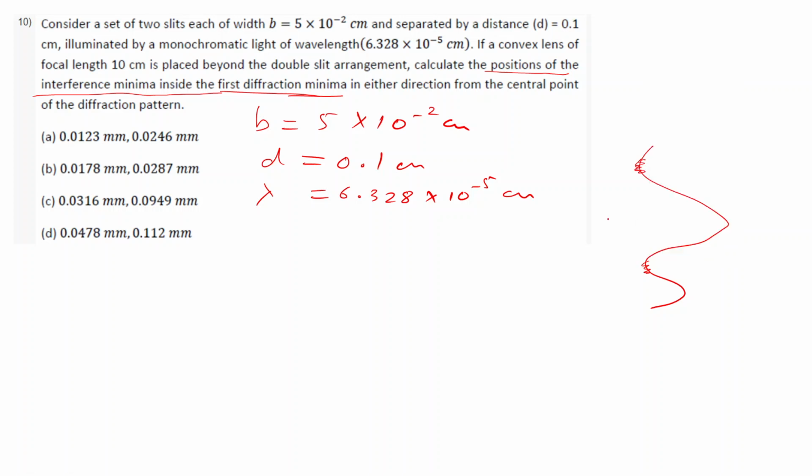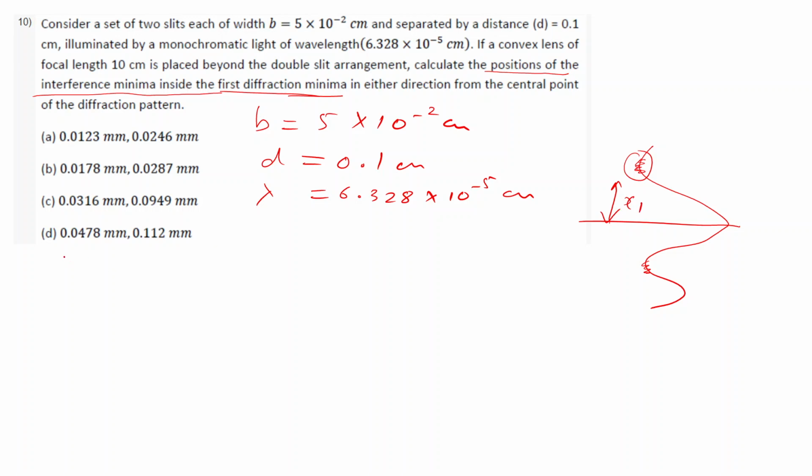The first diffraction minima is symmetric on both sides. We have to find out the position of interference minima under this diffraction minima. So first we will find out the first order minima position from here.